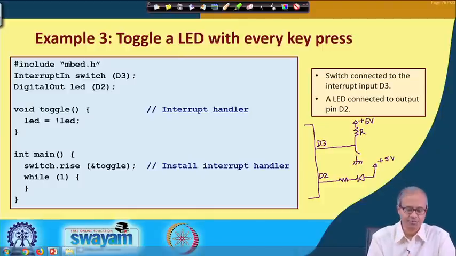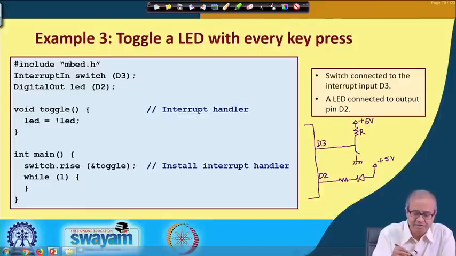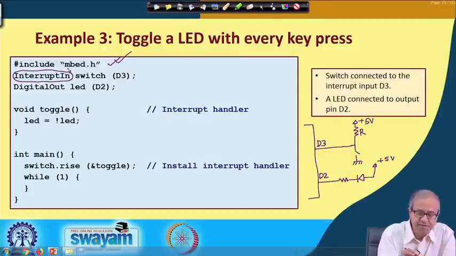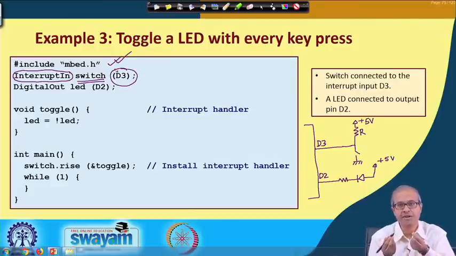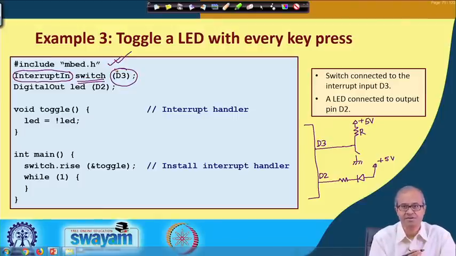Let us see how we have written the program. First, as usual, we have included mbed.h. Then we have created an object of type InterruptIn. We have given the name switch; you can give any name, and we have connected it to D3. D3 is the pin number to which we have connected the interrupt input, and this LED is a digital output pin.